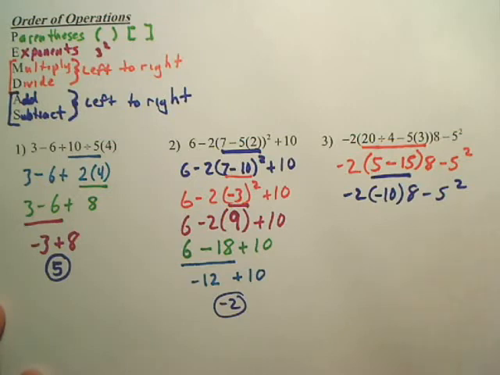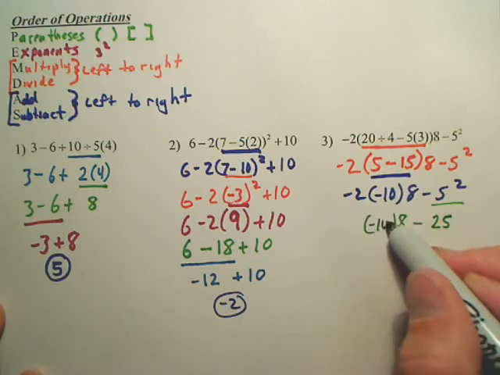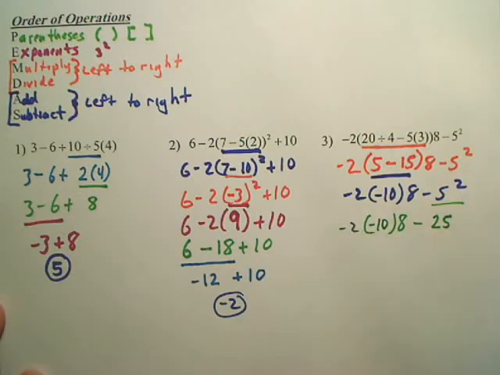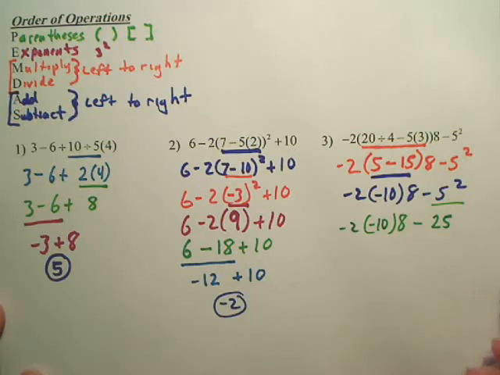No. So the next thing is exponents. There's an exponent right there. What's 5 squared? 25. Or what's 5 times 5? That's 25. Rewrite everything around it. Are all my exponents done? Now we multiply divide from left to right.